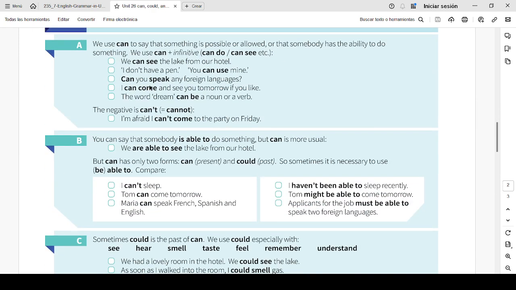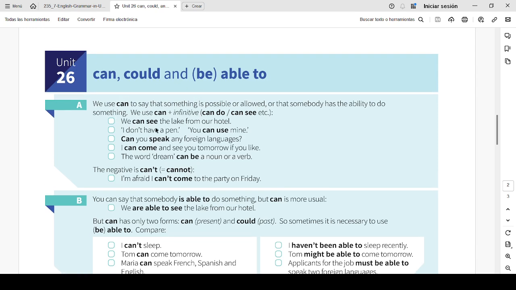I remind you that be able to and can have the same meaning, right? You can say that somebody is able to do something, but can is more usual. So in this specific situation, we can use both, but in another, we have to use a specific one.